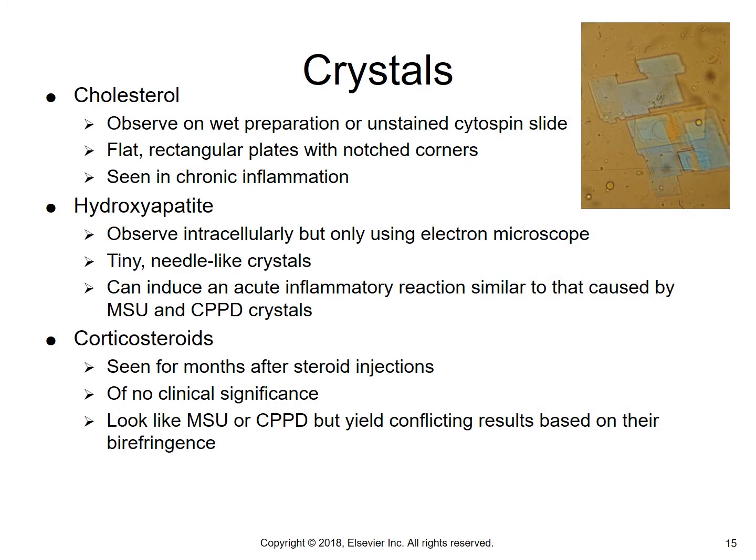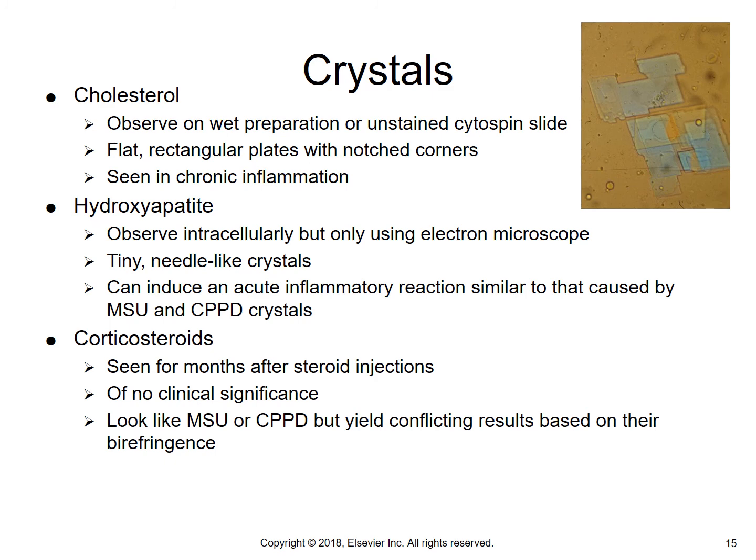There are also other types of crystals seen, such as the image on the top right. We have a cholesterol crystal. It's best seen on wet preparations or unstained slides, and you see they have flat rectangular plates with notched corners. Seeing cholesterol crystals indicates a certain type of chronic inflammation. Another type of crystal, hydroxyapatite, is usually seen intracellularly in a white blood cell, and is not usually seen visually but has to be viewed by electron microscopy.